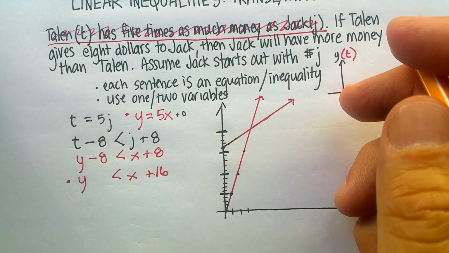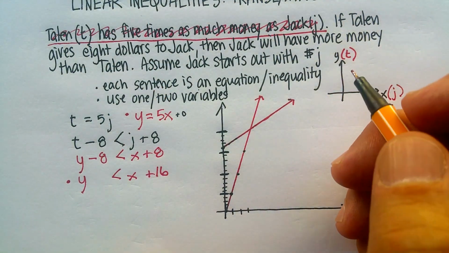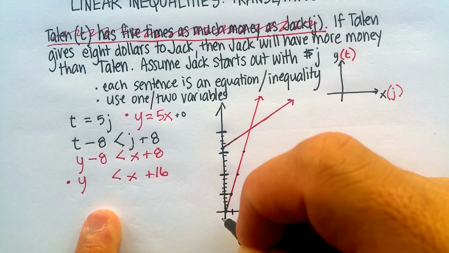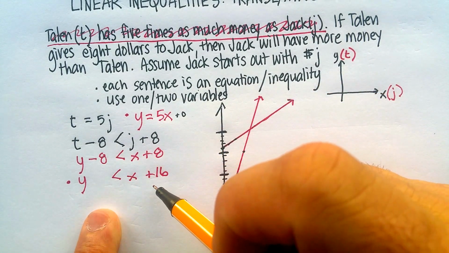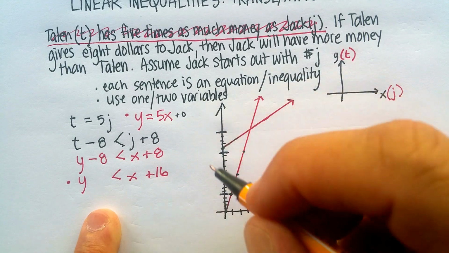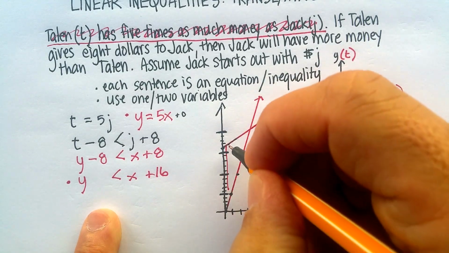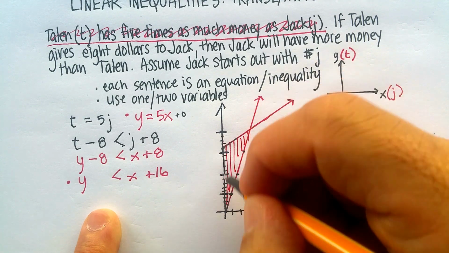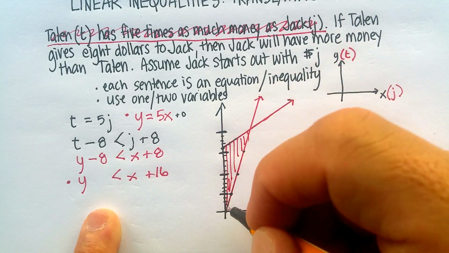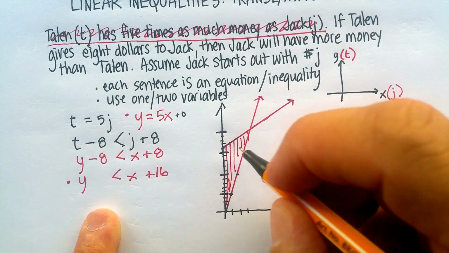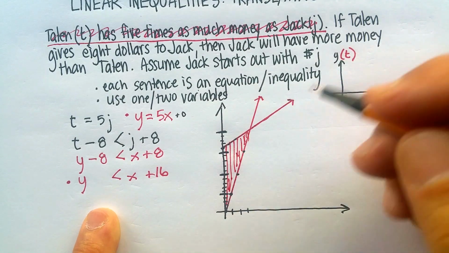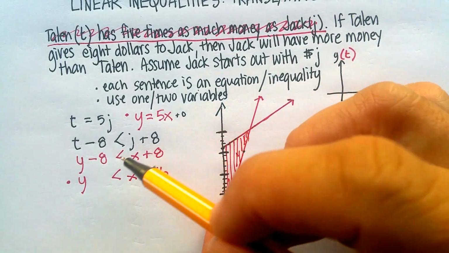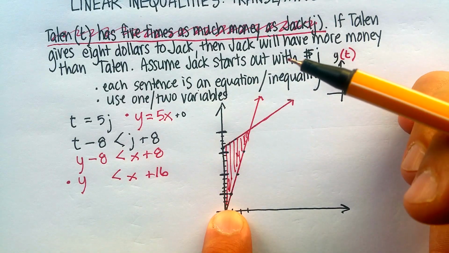And again, I would be shading downward, right? Because if I put in a test point at 0, 0, 0 is less than 16. So I'm shading in this direction. And I'm only going to the y-axis, right? Because I'm in the first quadrant. Basically, any number that would be in here would work for both of these equations.